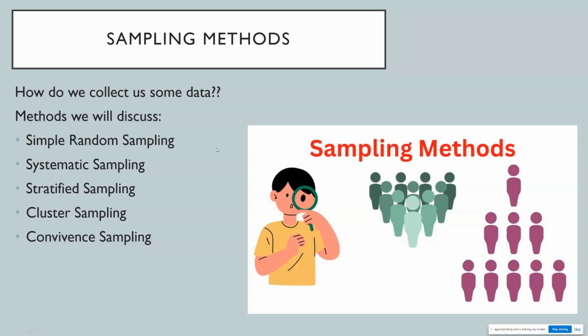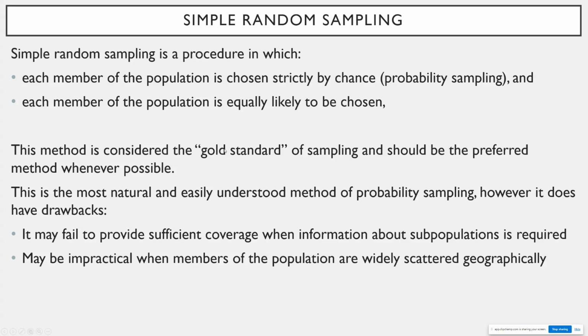So we'll start with the most important one, simple random sampling. Simple random sampling is a procedure in which each member of the population is chosen strictly by chance. This is what's called probability sampling, and each member of the population is equally likely to be chosen. The way I like to think about this is like drawing names from a hat.